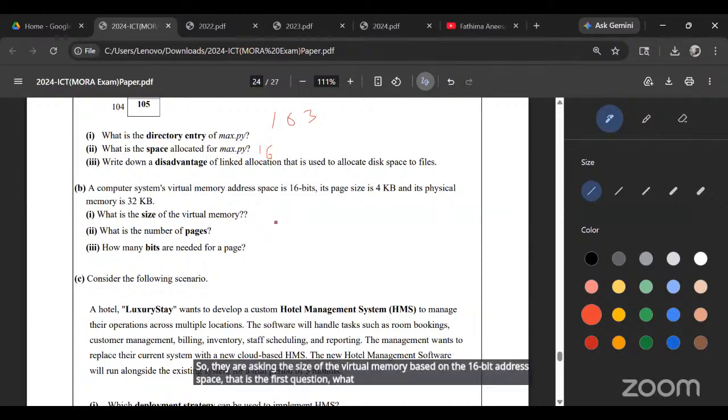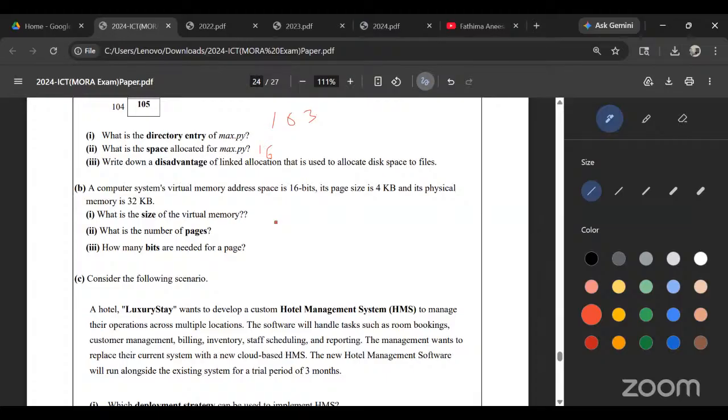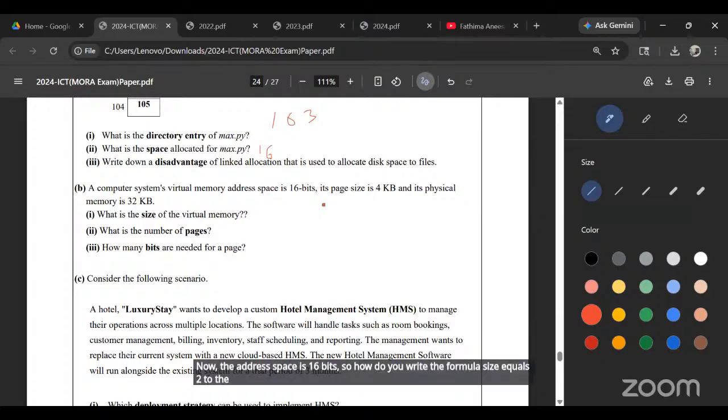What is the size of the virtual memory, right? Now the address space is 16 bits. So how do you write the formula? Size equals 2 to the power 16.